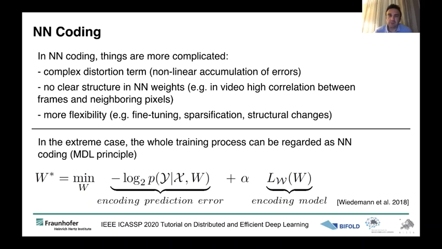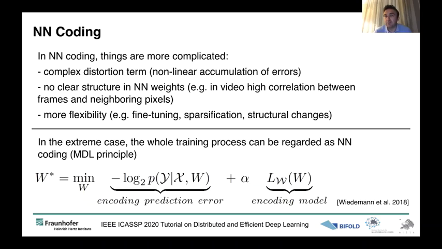On the other hand, the neural network setting is more flexible. What people often do is fine-tuning after quantization, or also do some iterative things. One can also sparsify the network beforehand, or change the structure of the network to make it smaller.